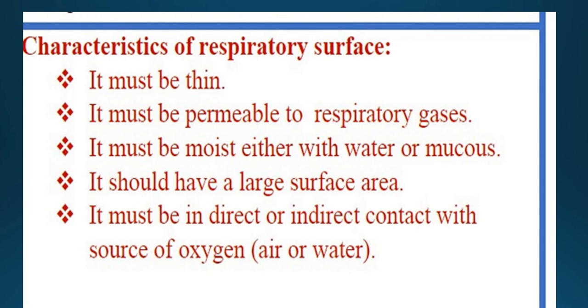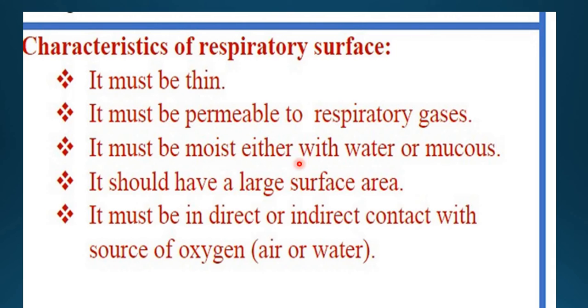Now the characteristics of respiratory surface. What should be the characteristics of a respiratory surface? It must be thin so as to allow better exchange of gases. It must be permeable to respiratory gases, meaning gases should be able to enter and be exchanged, exactly the gases should pass through it.